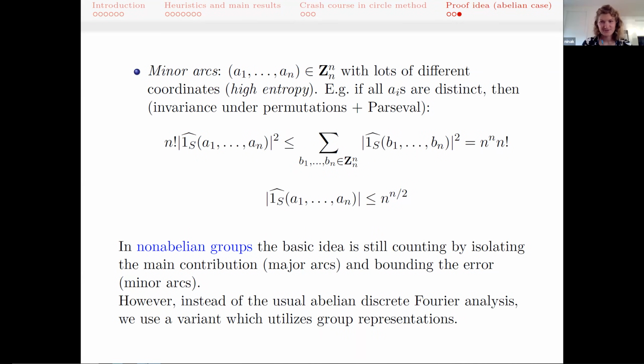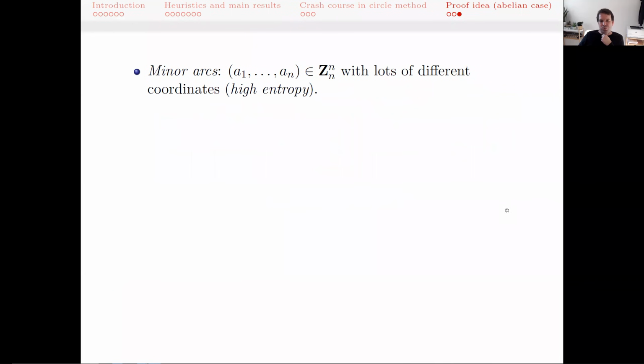Oh, you go, Nina. Okay, so I have a question about these minor and major arcs, because I find it surprising that you can make a clear divide between major and minor arcs and say, okay, this is the main contribution, and really get both the lower and upper bound from this. That it's not somehow staggered. That's basically because I cheated a little bit. It's not as simple as it seems from my slides.